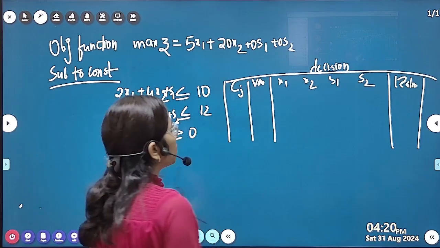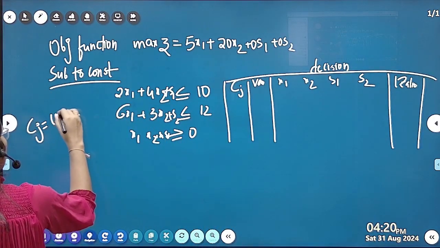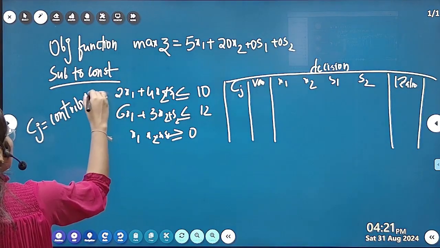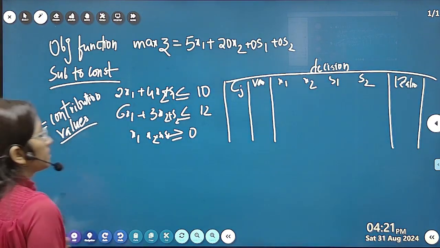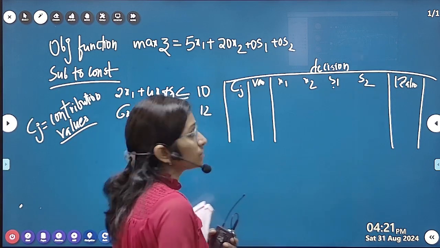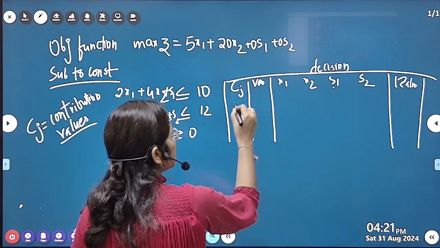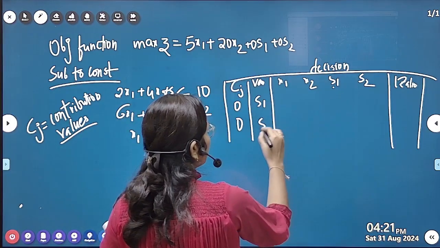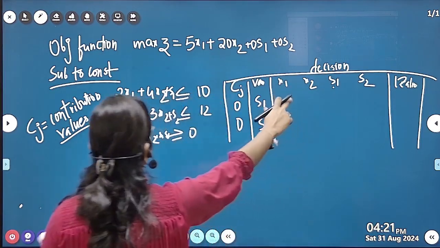Cj is nothing but contribution. Contribution values are what? S1 and S2. So these are contributing to this profit. So what are the values of Cj? 0, right? So what are the slack variables? S1, S2.